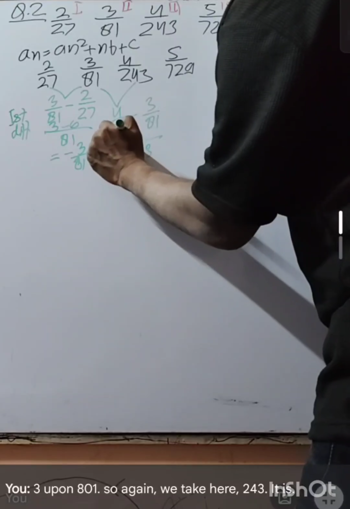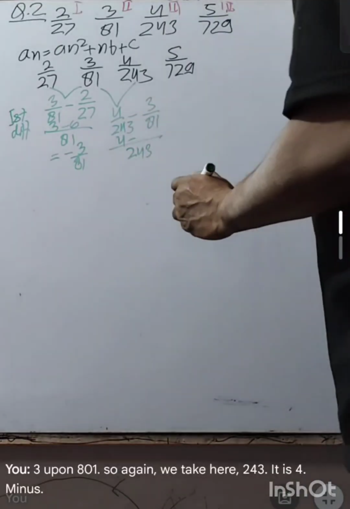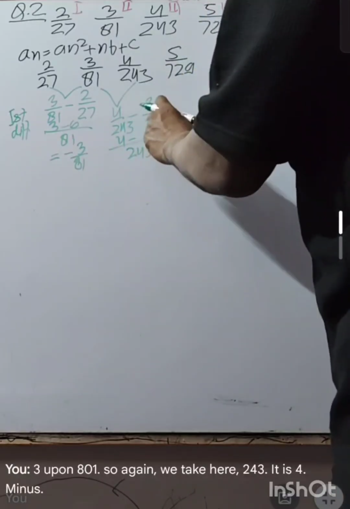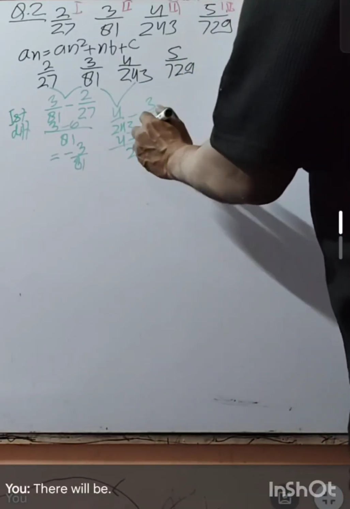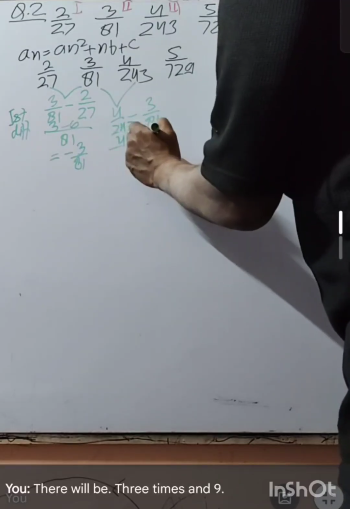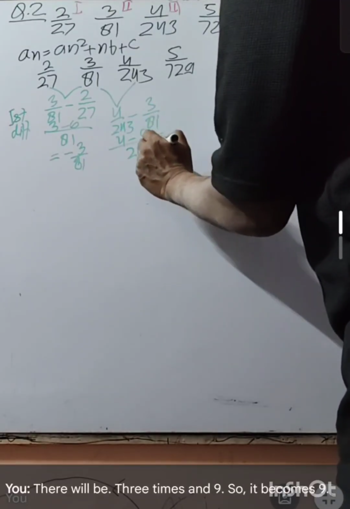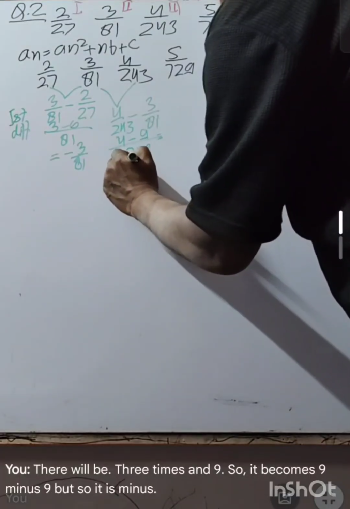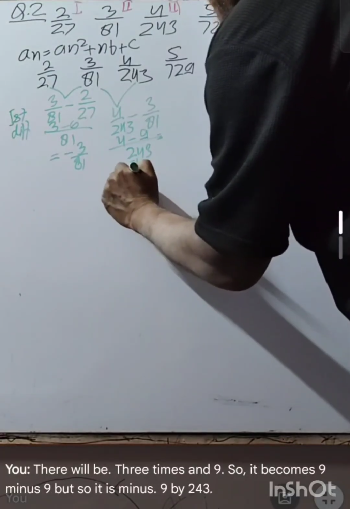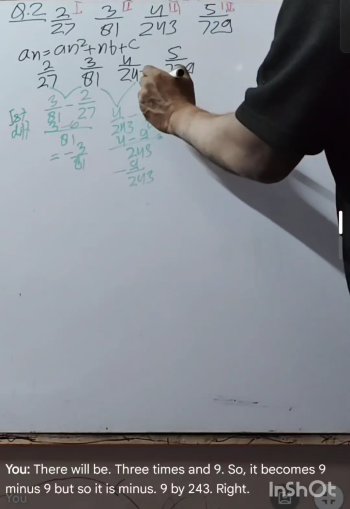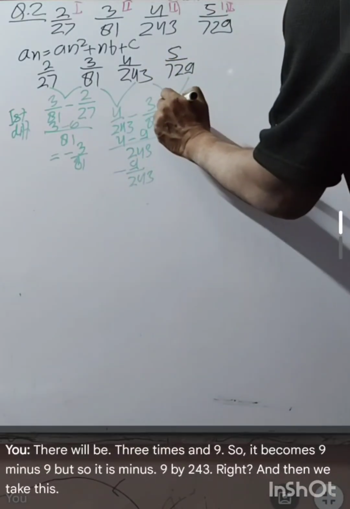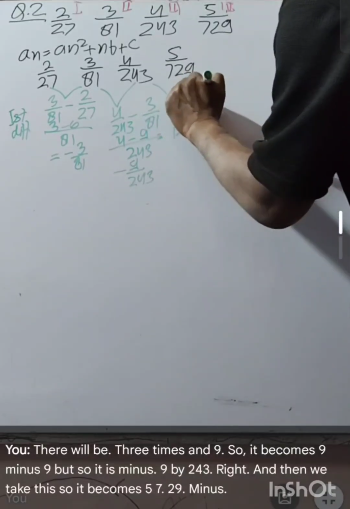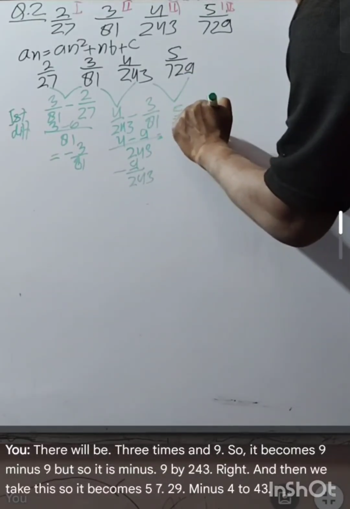It is 4 minus 3 times 3, which is 9, so it is minus 9 by 243. Then we take 5 upon 729 minus 4 upon 243.